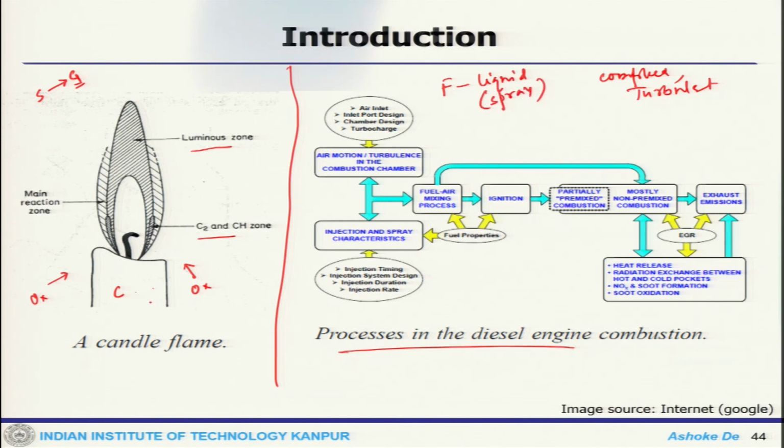In the previous example of the candle flame, the solid, due to pyrolysis, immediately goes to gaseous state and burning takes place. Here your liquid has to evaporate, and it has to form gas through evaporation.